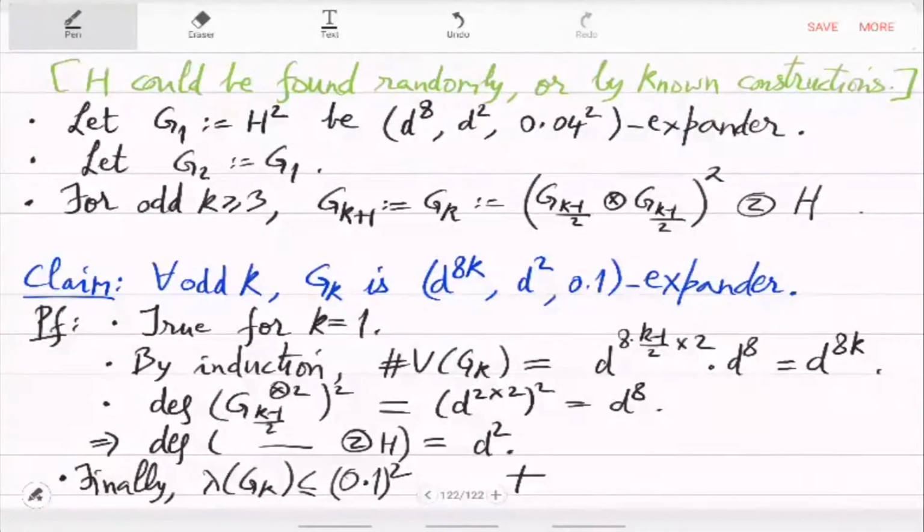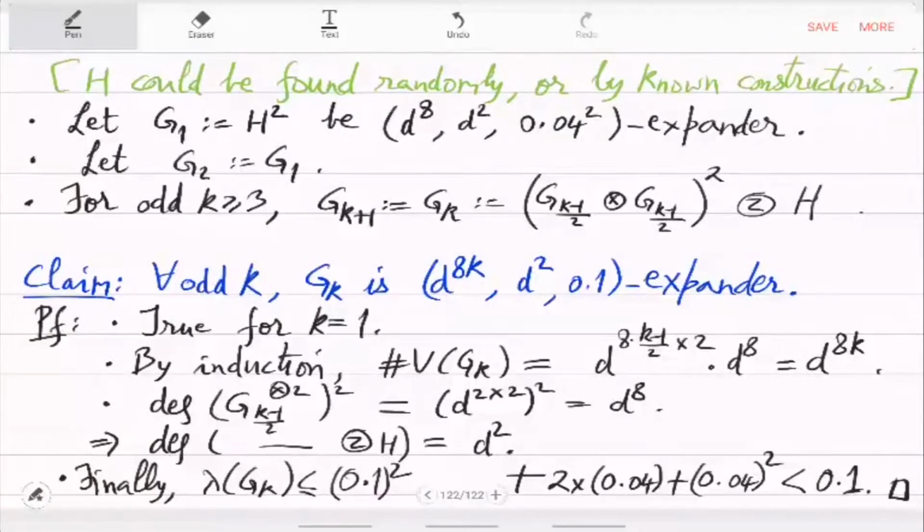So now a square is done. 2b is 2 times lambda of H. What is that? Lambda of H was 0.04, plus the square of it. So this you can see is just below 0.1. So that also checks out. So GK as claimed is a d raised to 8k vertex, d square degree, 0.1 expander.